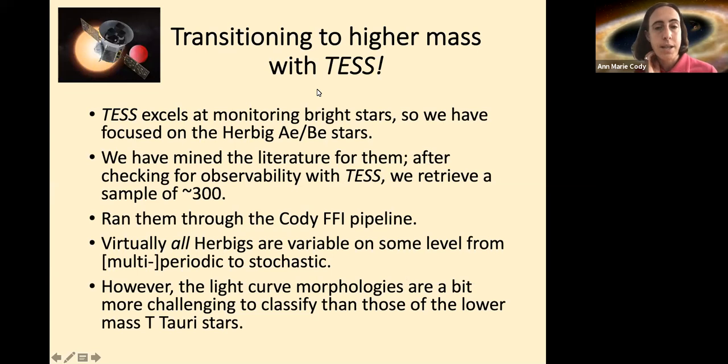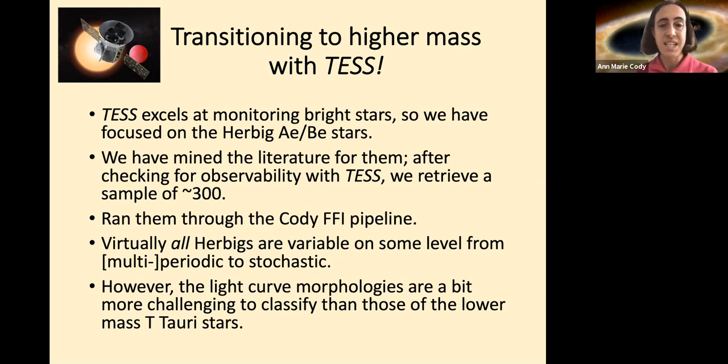And this is a great thing to do because TESS, as you know, monitors bright stars. And the Herbig Ae/Be stars are typically the brightest young stars in their respective clusters and associations.